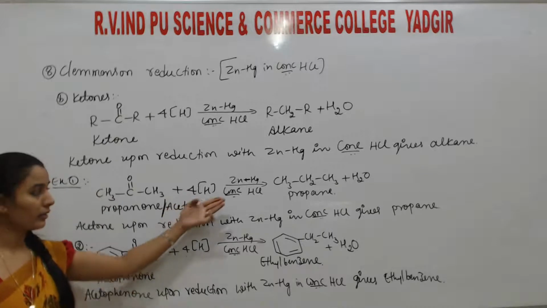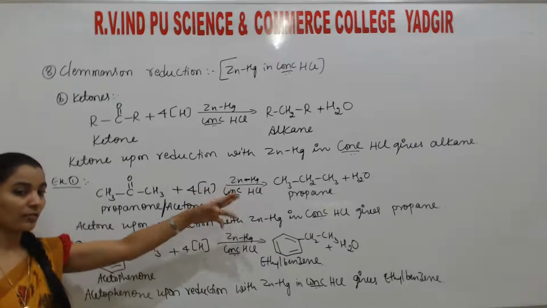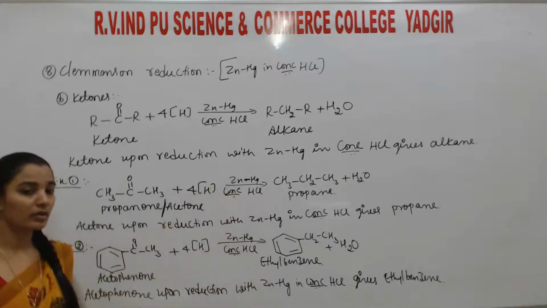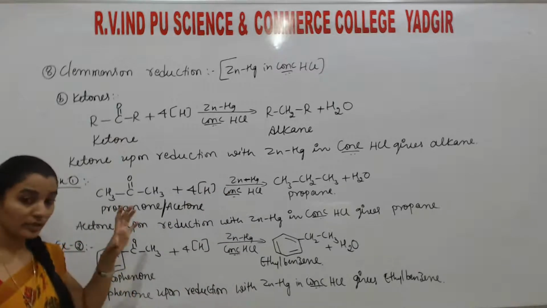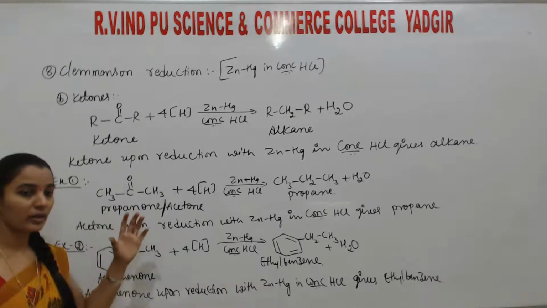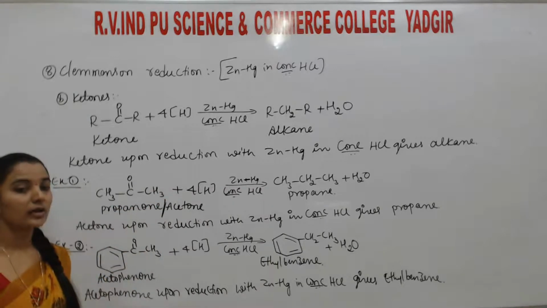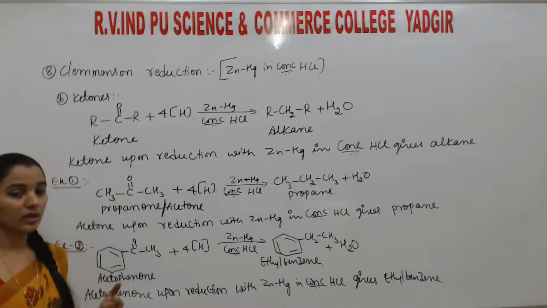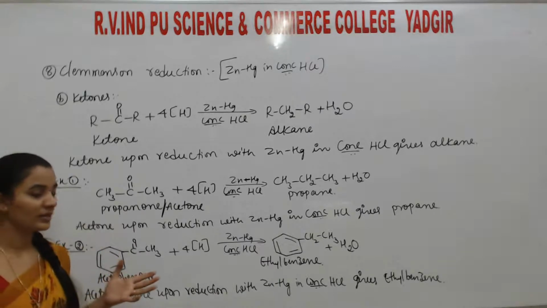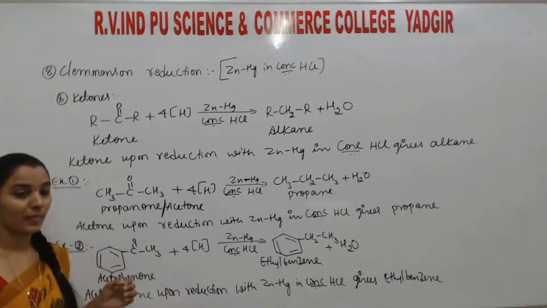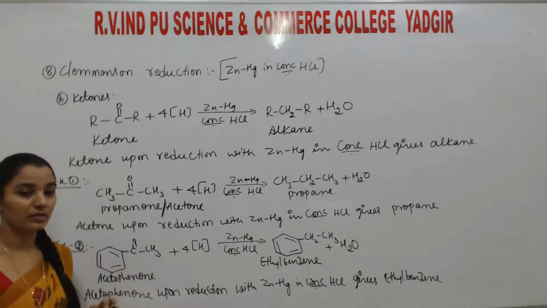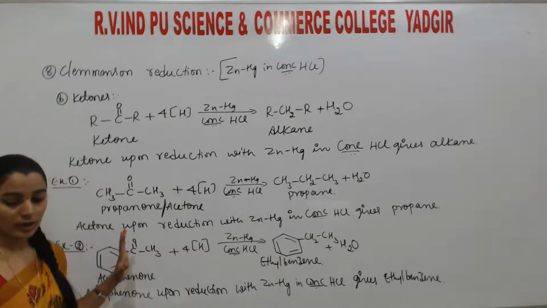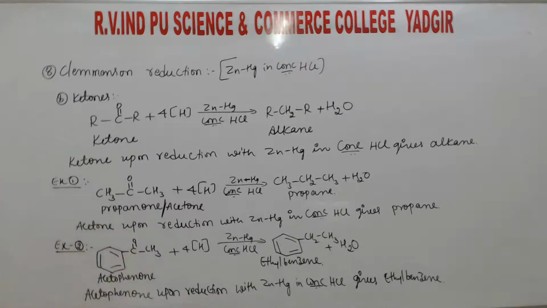If alkane, then this must be the reagent. If alcohol, platinum or palladium or sodium borohydride or lithium aluminium hydride. Okay, this is how to remember: reactant, product and the reagent, and also the process, whether it is reduction, oxidation, addition, elimination. It is not subtraction here, it is called elimination. So this is all about the Clemmensen reduction reaction.